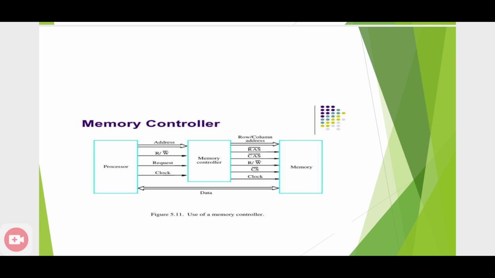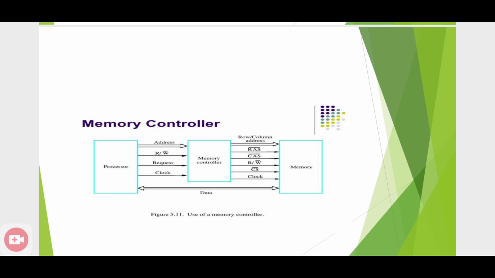Clear? So between the processor and the memory controller we have signals: address signals generated by the processor and given to the memory controller; the read/write control signal, also generated by the control unit of the processor and sent to the memory controller; a request signal for requesting some memory operation; and a clock signal.